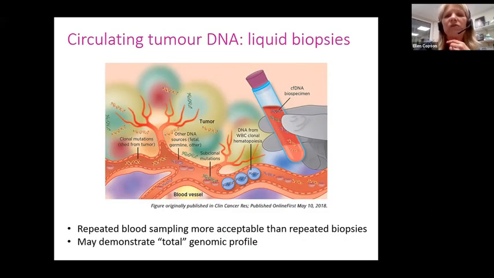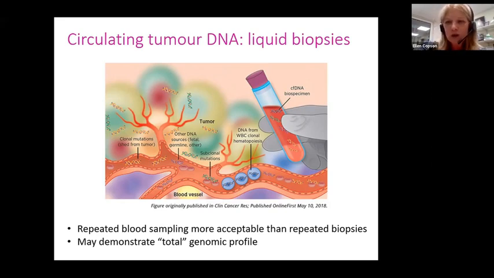From a personal point of view, I think a lot of the future of genomic work, and in particular tracking those evolving changes in our tumours, is going to be aided by all the work that's been done in the area of liquid biopsies. That's actually doing blood tests to assess the genomic sequence of circulating cell-free DNA.